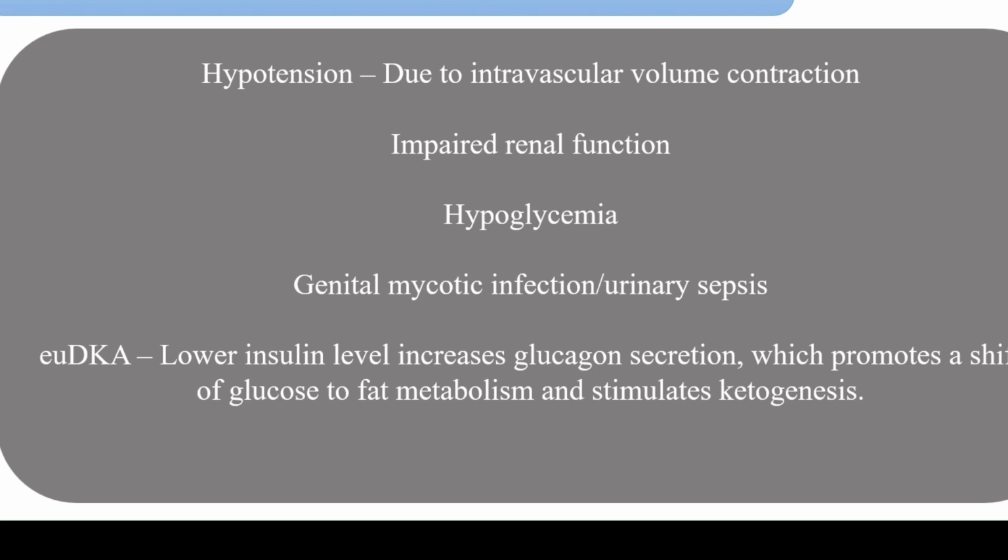This is how the patient's body weight also reduces. See, insulin comes down and glucagon increases, which promotes a shift of the glucose to fat metabolism. And because of fat metabolism, the patient loses weight. Sometimes, this may result in diabetic ketoacidosis also.